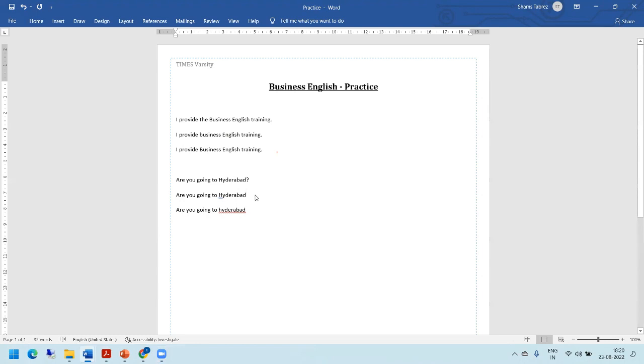Okay. Then what's wrong with the third sentence? Noun starts with a small letter. Which noun? Hyderabad. Which type of noun is it? Proper noun. So a proper noun should start with a capital, and a common noun can start with a small letter. Okay, this is how you do it.